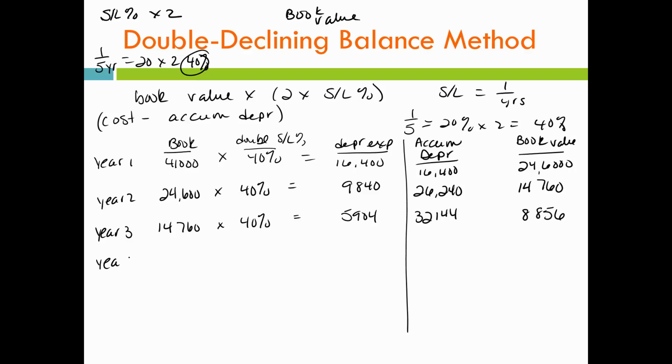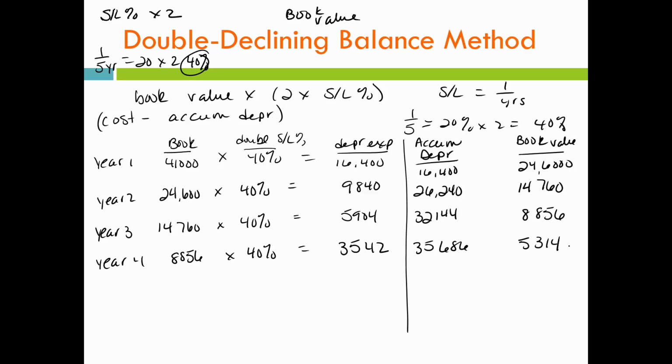That's what I used to start year 4. $8,856 is the book value times 40% gives me depreciation expense of $3,542. Add that to my previous accumulated depreciation, and the balance there goes up to $35,686. The book value goes down to $5,314.